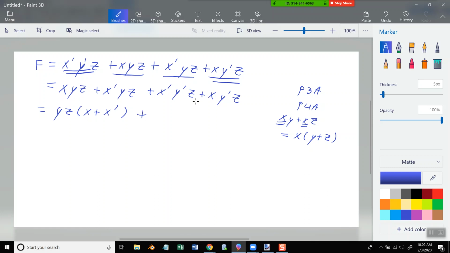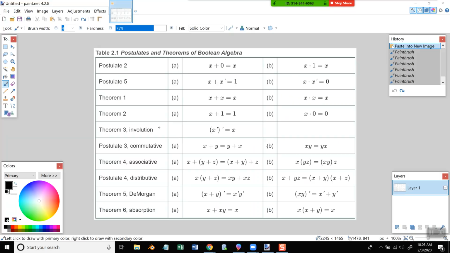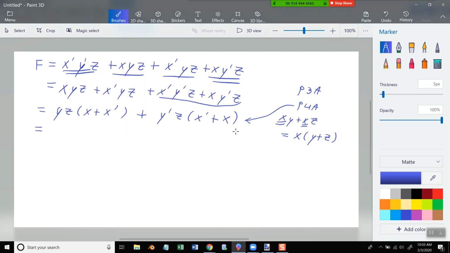Now over here in this grouping, they both have a y prime z, so I can bring that out. And that leaves me x prime plus x. And again, that's our postulate 4a. I kind of got off a little bit on the alignment. Now, x or not x, plus x prime, is from postulate 5a equal to 1.